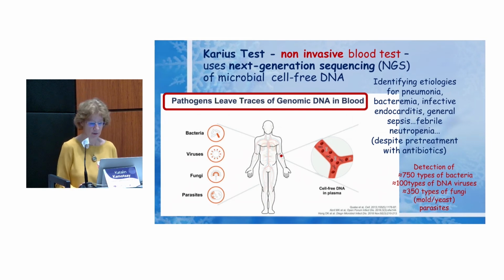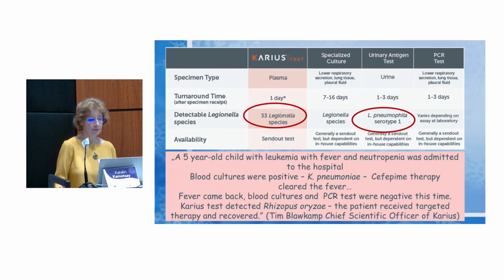For example, if we compare it from the point of view of Legionella, 33 Legionella species are detected. If we use the urinary antigen test, which is much cheaper but, to be honest, quite useful in everyday work because that is the most typical causative agent, there is only one species, and in that species, one serotype.